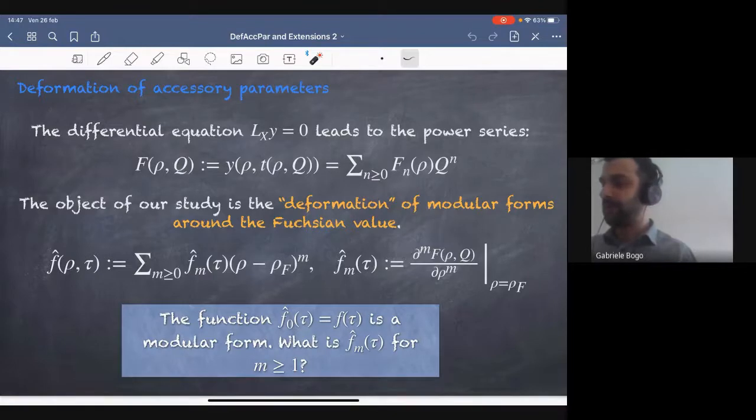For example, here we're doing it at infinity because we assumed without saying that our modular function will map the cusp at infinity to 0. But you can find the solution around any singular point and then find the expansion of the modular form around the cusp which is in bijection with that singular point via the modular function. Okay.